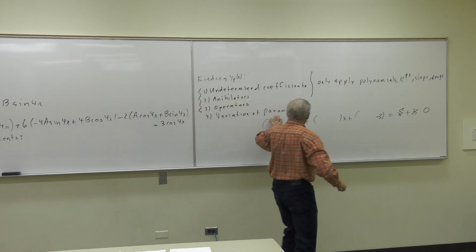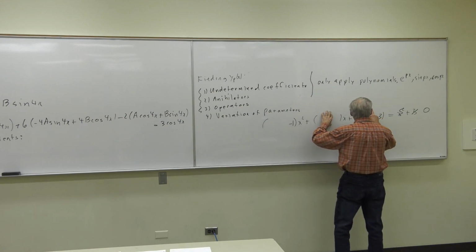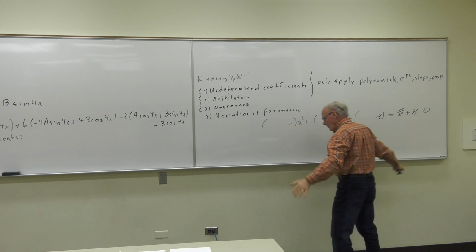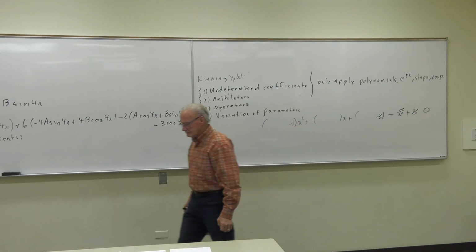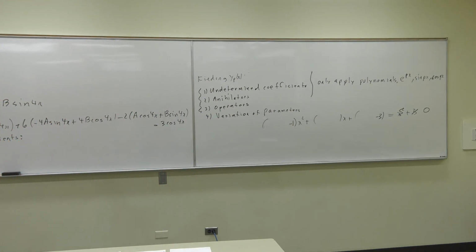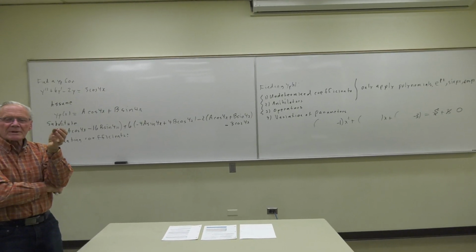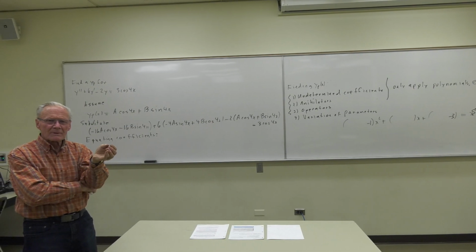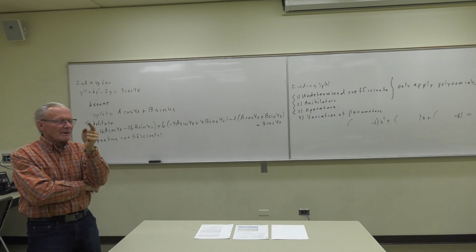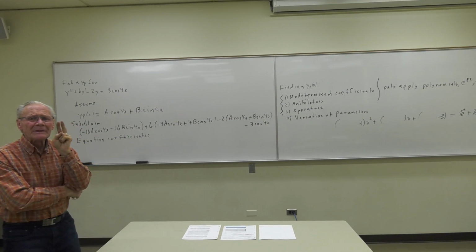I got A's and B's and C's, A's and B's and C's, and A's and B's and C's, and a couple numbers in here, and this adds up to 0. Why do the coefficients have to be 0?